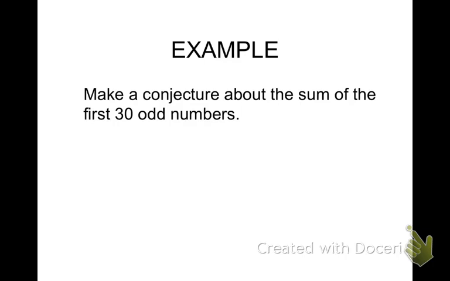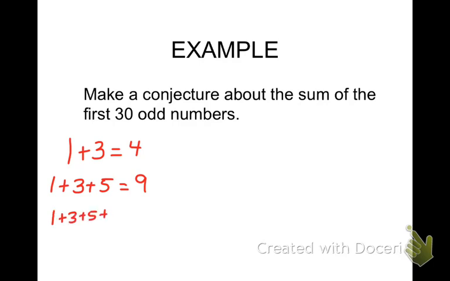So let's do the first two odd numbers. What's 1 plus 3? 4. Now let's do the first 3. 1 plus 3 plus 5. That gets us to 9. Let's do the first 4. 1 plus 3 plus 5 plus 7. 16. Good. Okay, stop me when you think you've got a conjecture. Let's do the first 5. 1 plus 3 plus 5 plus 7 plus 9.